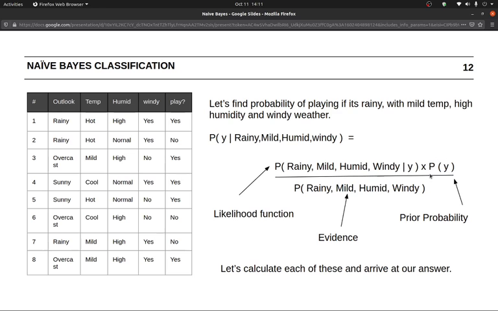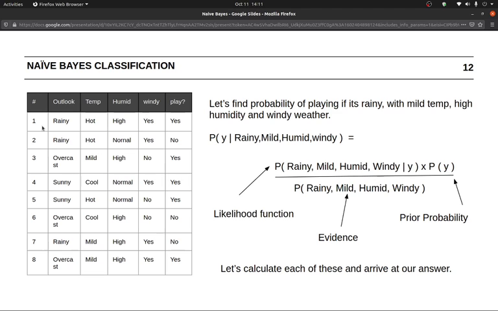The probability of y is called prior probability because this is something available to us already. So if we ignore all the data and just take the play column, it calculates the probability of us saying yes, us playing. Probability of the day being rainy, temperature being mild, it being high humid and high windy day, given that we play.